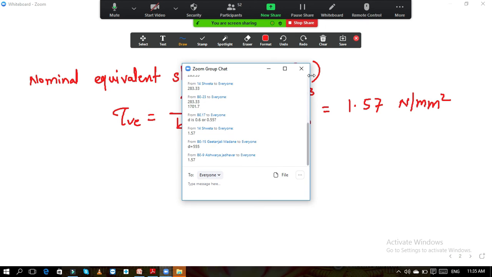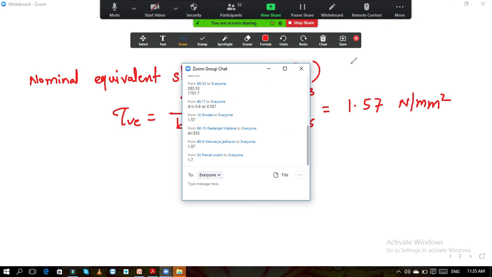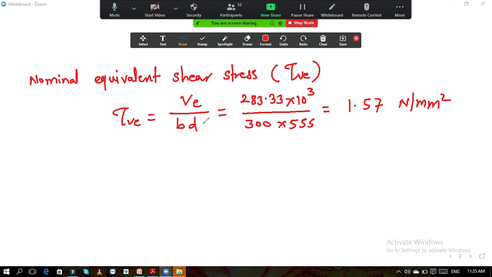So 1.57. D is okay, right? Here we should take effective depth. So D must be 555. Have you taken 555 and got 1.57, or is it 1.7? See, this D is nothing but small d. Small d is the effective depth. By mistake, I have written capital D over there, that is 600.